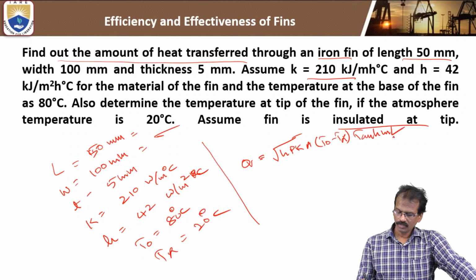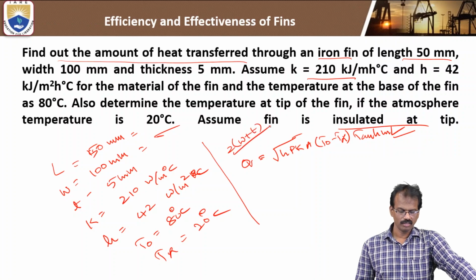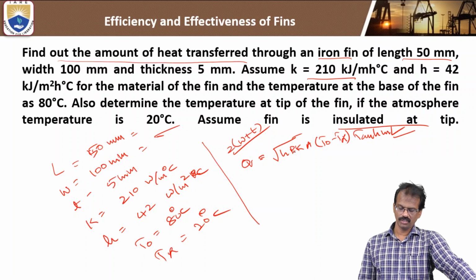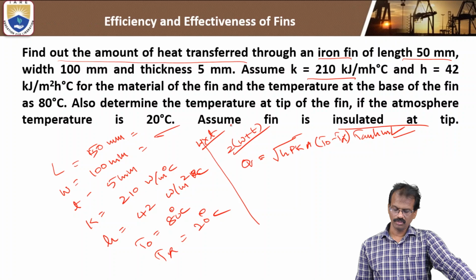L and h are already given. P is the perimeter, which is 2 into (W plus the thickness). The thermal conductivity k is also given. Area is W into t, you can take that as the area.